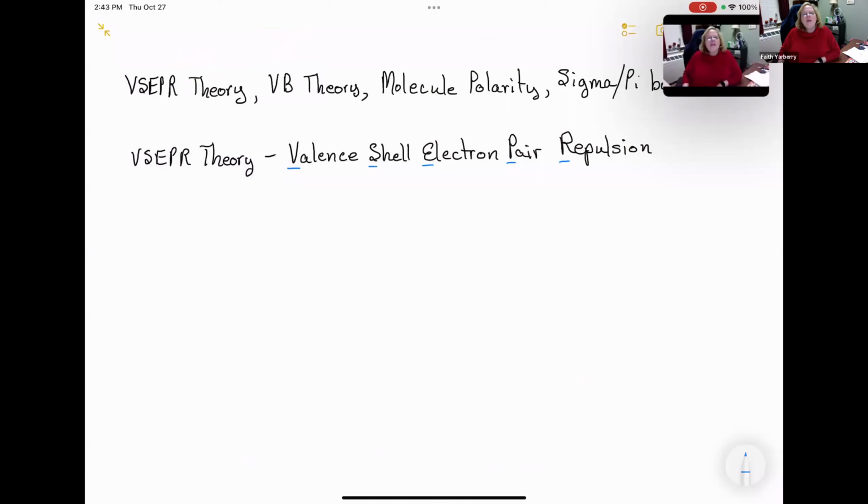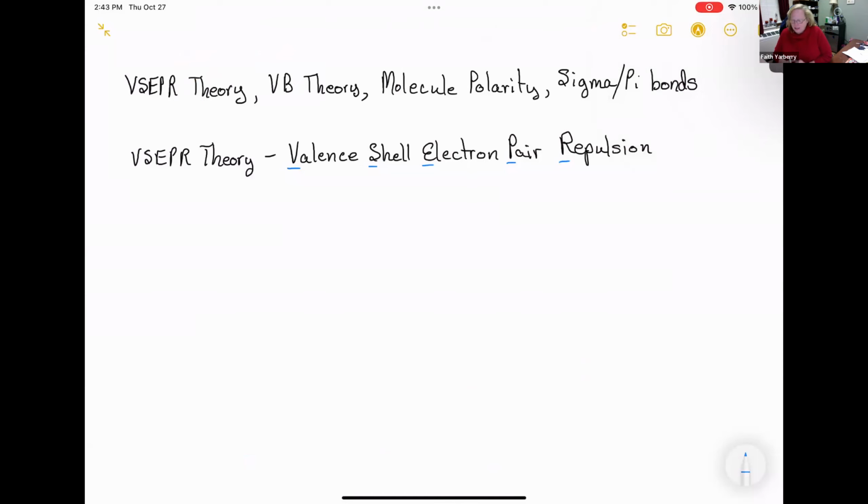Okay, so we're going to be focusing on these particular topics today. Again, VSEPR theory stands for valence shell electron pair repulsion. Let's really break that apart. When we were developing Lewis dot structures, in step number 1, we were determining the number of valence electrons.